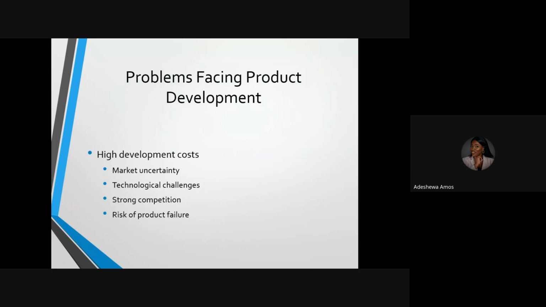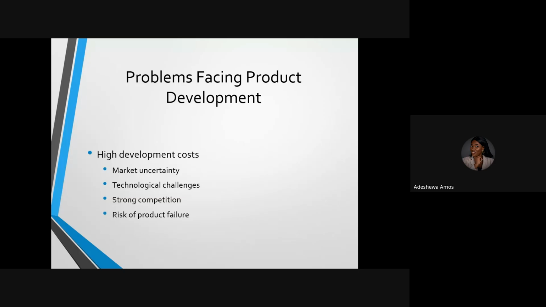So the cost of developing it and of getting it right. You know, they do not just do products like that, they do a lot of trial and error. So that is why I made mention of prototype before. So the money they will be putting in, it's their cost.